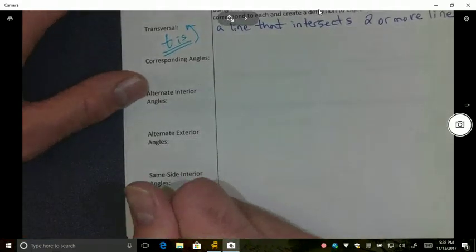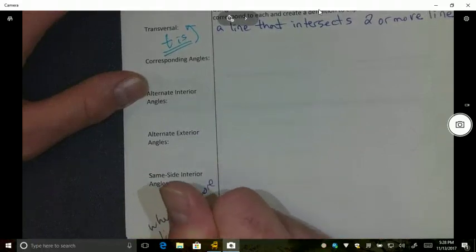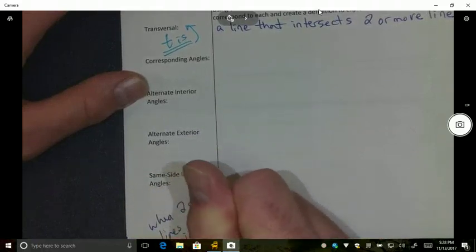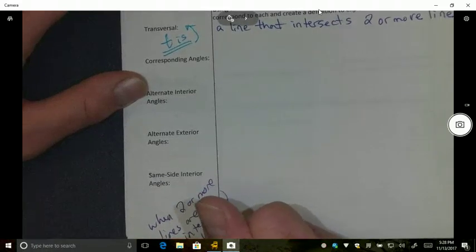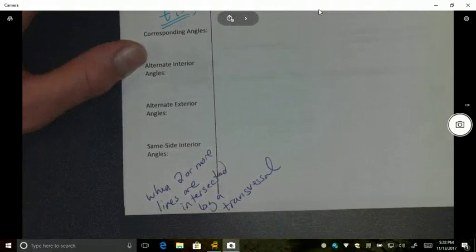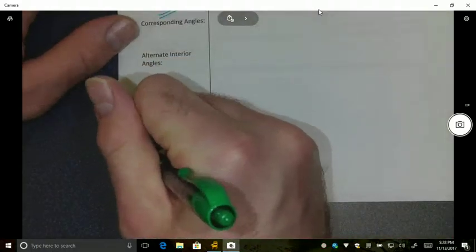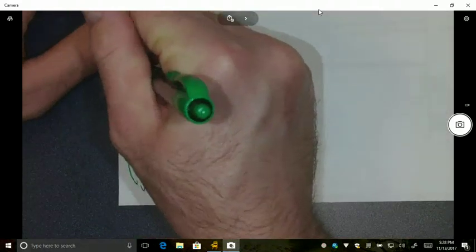So when two or more lines are intersected by a transversal, this will create the following sets of angles that we're going to look at.